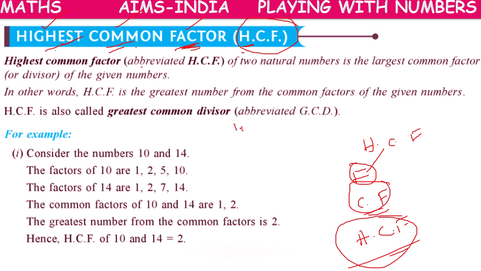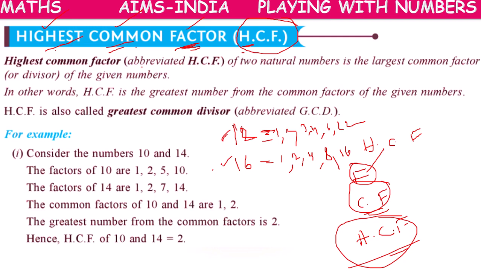Suppose factors of 12. Factors of 12 means the numbers which divide 12: 1, 2, 3, 4, 6, 12. Next, the factors of 16: 1, 2, 4, 8, 16.